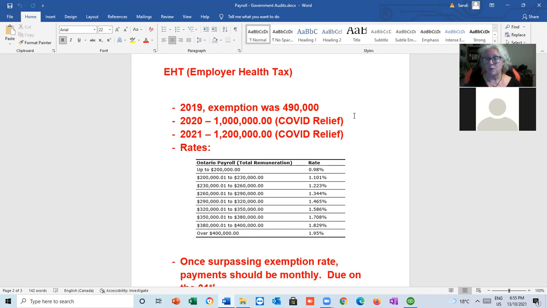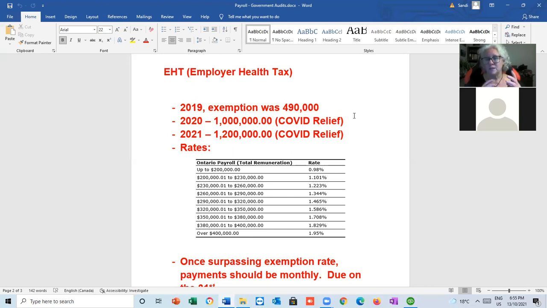So if the gross payroll is under $1 million, you don't have to care about EHT. In 2021, it was the same thing. Actually, it went to 1.2 million because of COVID relief. I suspect in 2022, it's going to drop back down to that 490. And that threshold has been changing over the years. It was 400,000, then it was 450,000, then I saw 460, and so now it's 490.